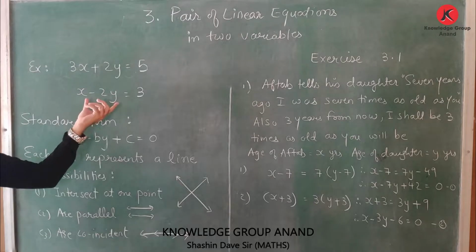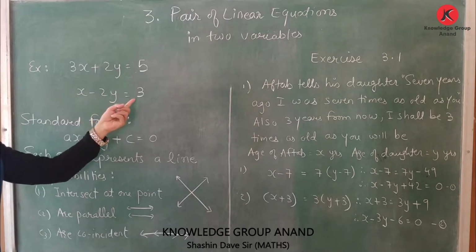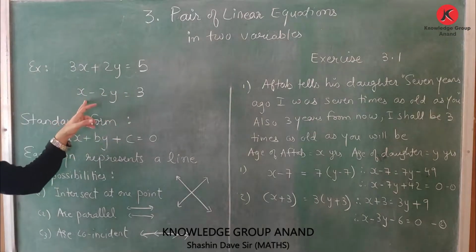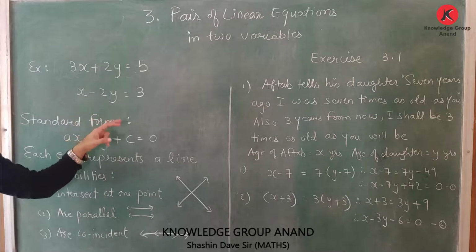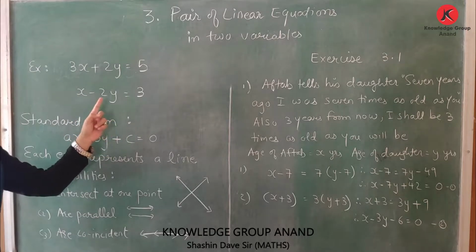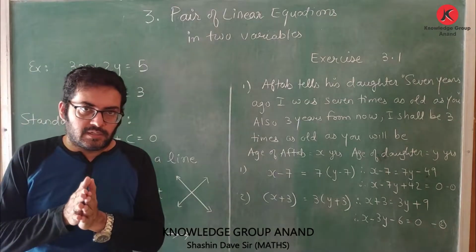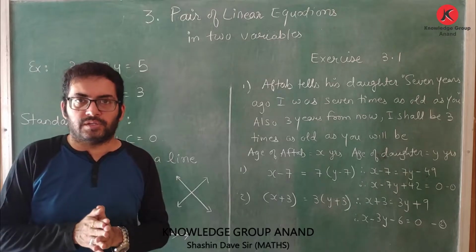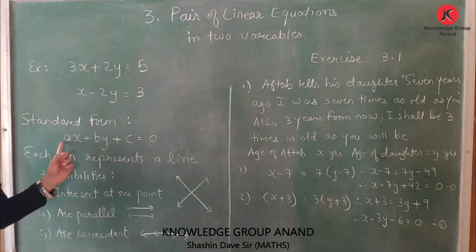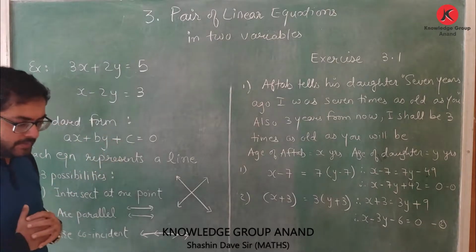Similarly, for the other equation, 3 will come on the left hand side and the same equation in standard form will be represented as x minus 2y minus 3 is equal to 0. So whenever you are asked to represent any equation in standard form, you will write it as ax plus by plus c is equal to 0.